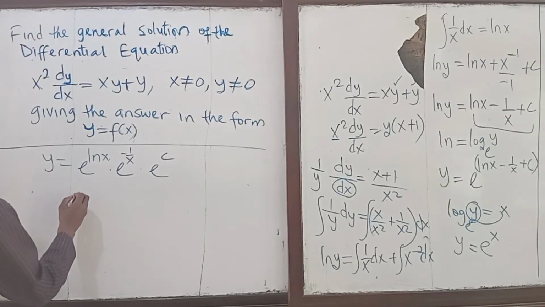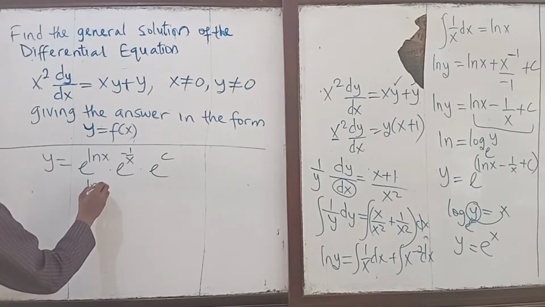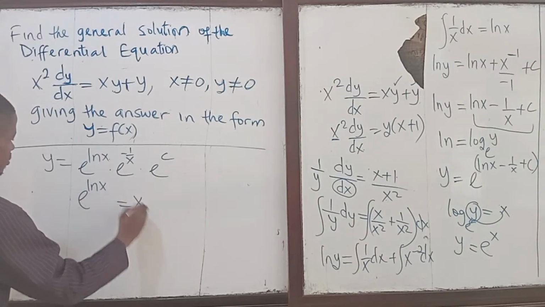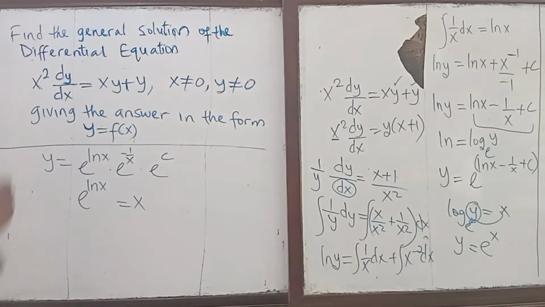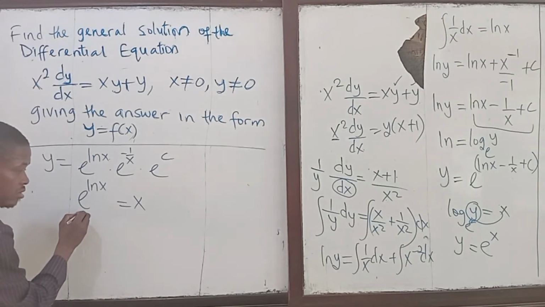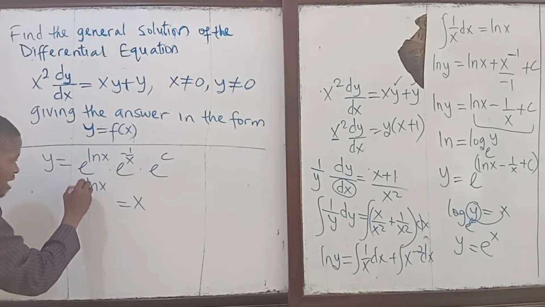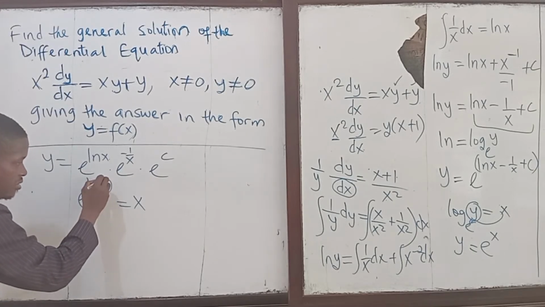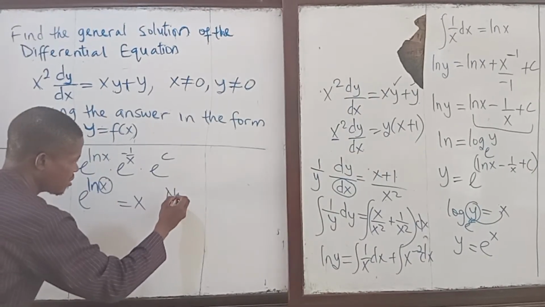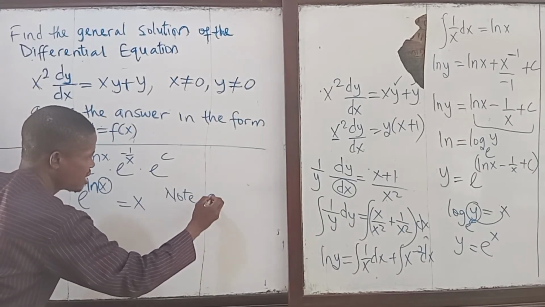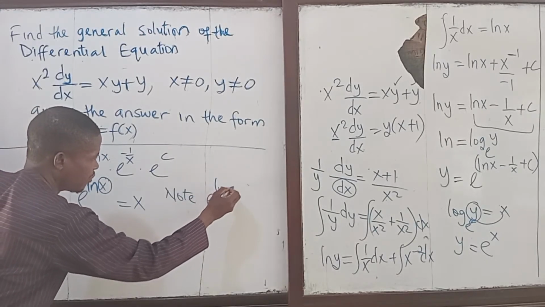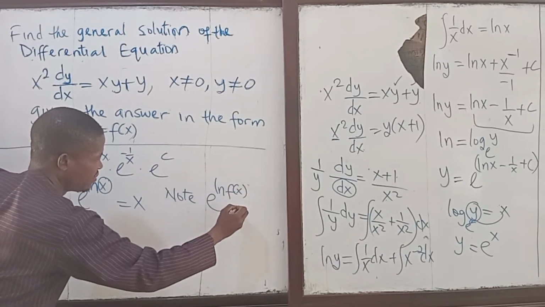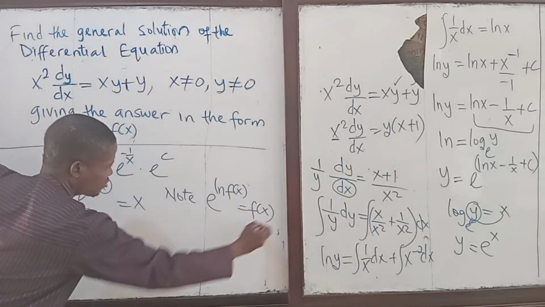This one, e to the power natural logarithm of x, gives us what? Whenever you have e to the exponent of a natural logarithm, it's going to give you that function. Note, e to the power natural logarithm of f of x will give you f of x.